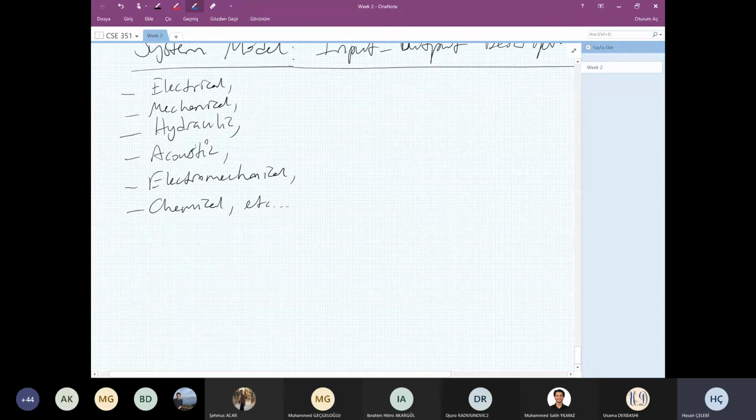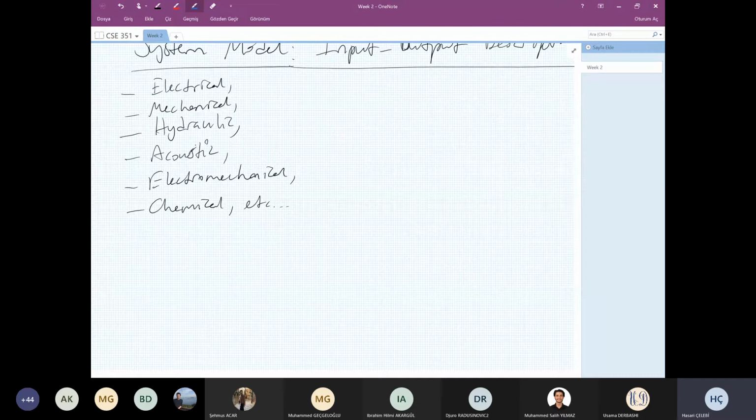We basically use this kind of tool, the mathematical tool that you're going to learn in this course, to analyze it in a simple way. Otherwise, it's really hard to analyze and model such systems.